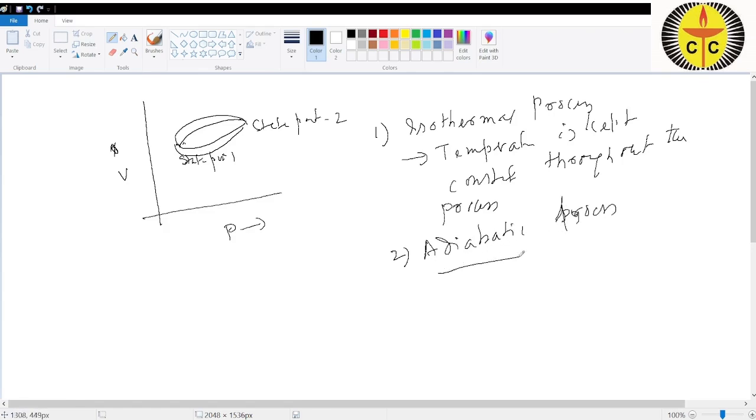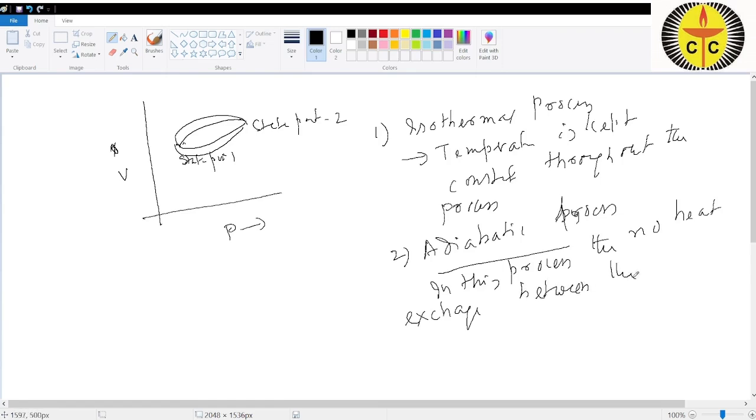In this process, there is no heat exchange between the system and the surroundings.